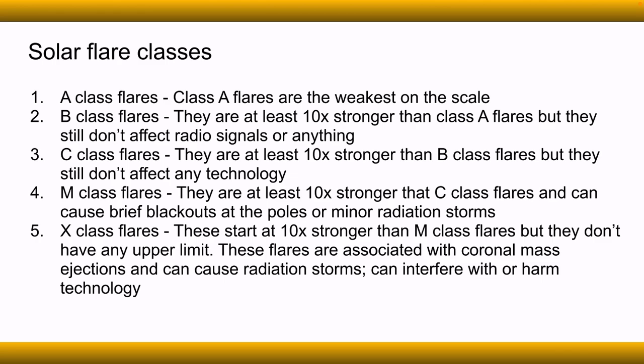A-class through C-class flares don't affect technology, while M-class flares may pose minor inconveniences such as brief blackouts at the poles or minor radiation storms. X-class flares don't have an upper limit, and they are associated with coronal mass ejections that can cause radiation storms and can interfere with technology.